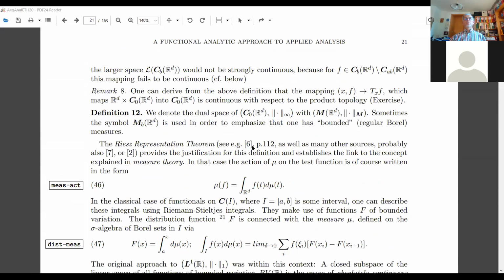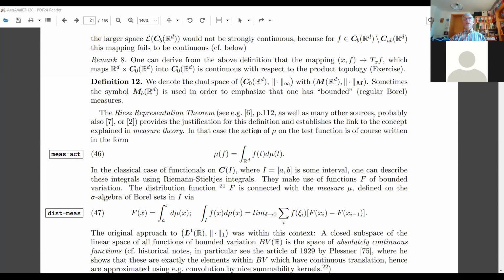So now I will try to talk a little while about measures. We are at page 21, and we start with a harmless definition.